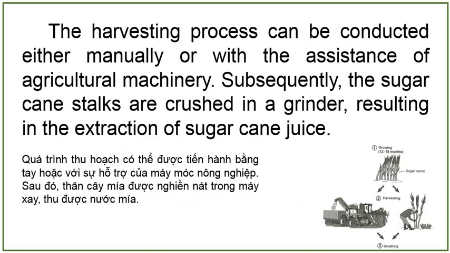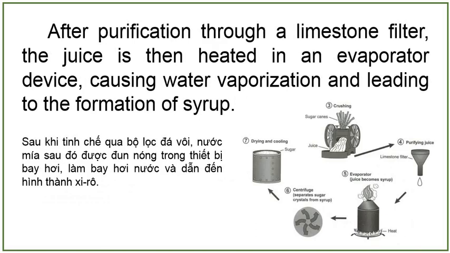The harvesting process can be conducted either manually or with the assistance of agricultural machinery. Subsequently, the sugarcane stalks are crushed in a grinder, resulting in the extraction of sugarcane juice. After purification through a limestone filter, the juice is then heated in an evaporator device, causing water vaporization and leading to the formation of syrup.